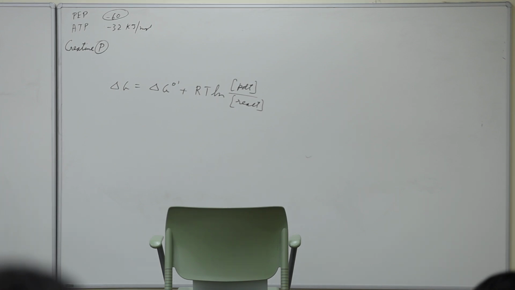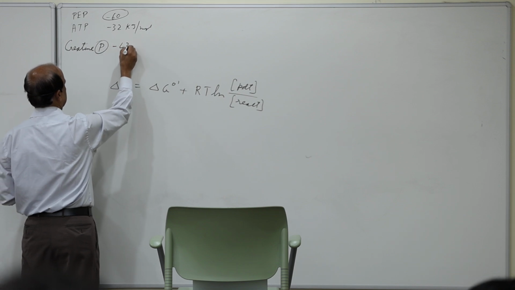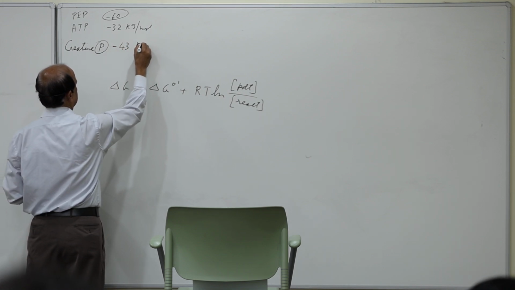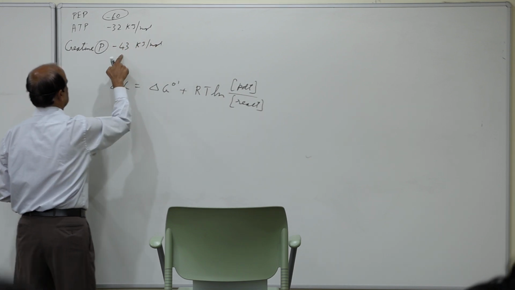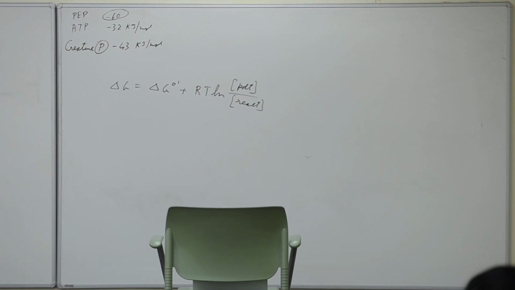So creatine phosphate, in the list, is listed as minus 43 kilojoule per mole. That means it is a higher energy compound than phosphate. Anything that is a higher energy, ignore the negative sign, they are all negative. So if the number is higher, that means it is able to transfer a phosphate to one that is lower to make that compound.